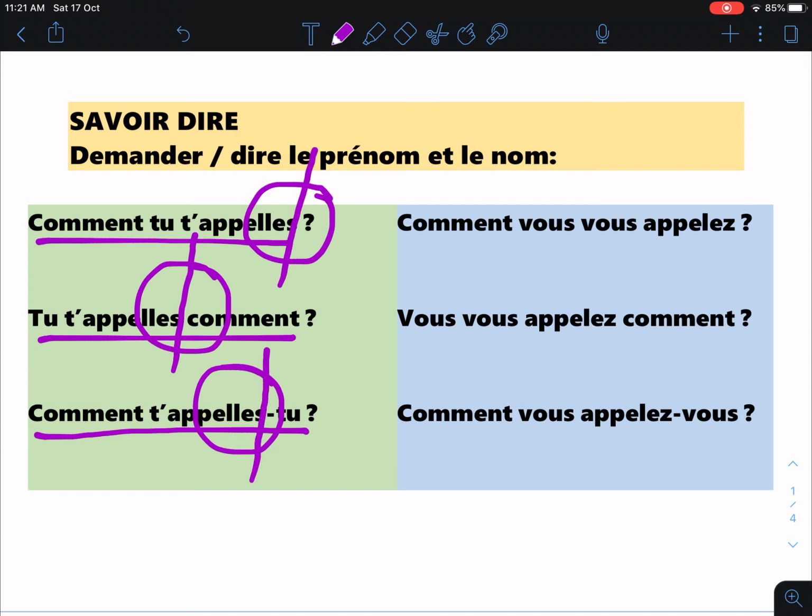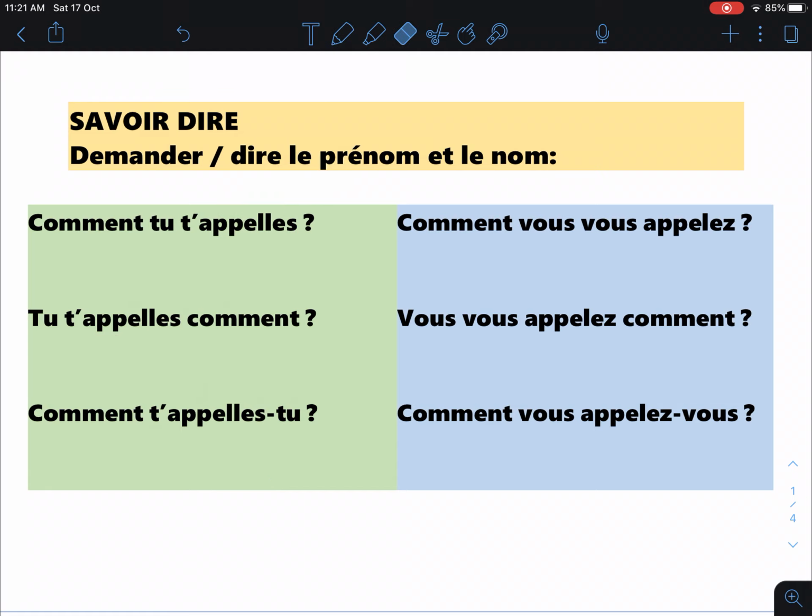Now, if you can see clearly, comment is a WH question which is placed at the beginning or at the end of the question. That is how questions in French are constructed. Now, comment tu t'appelles?